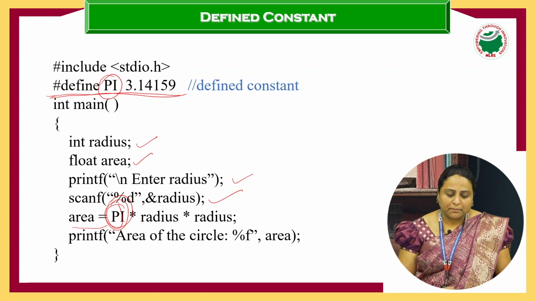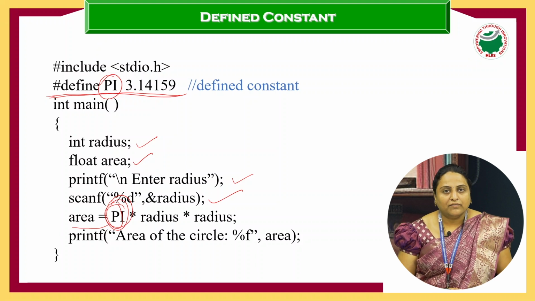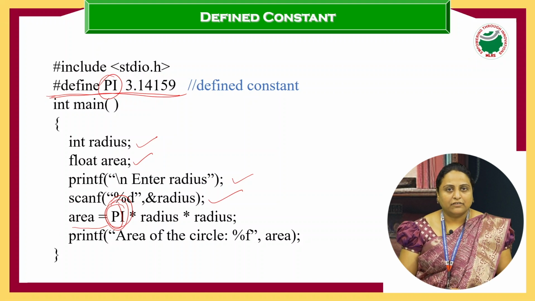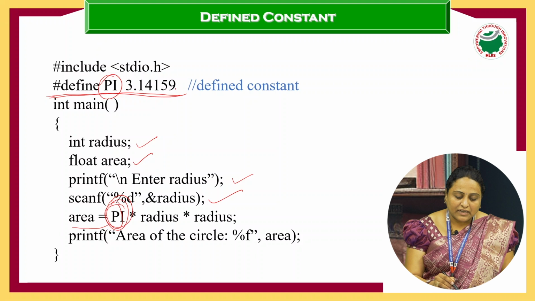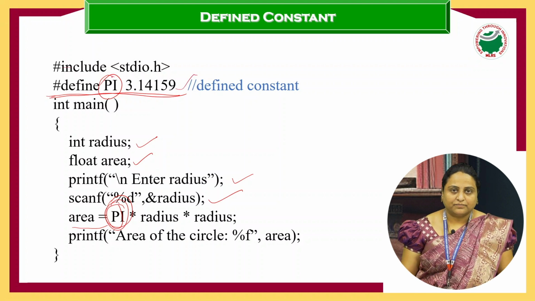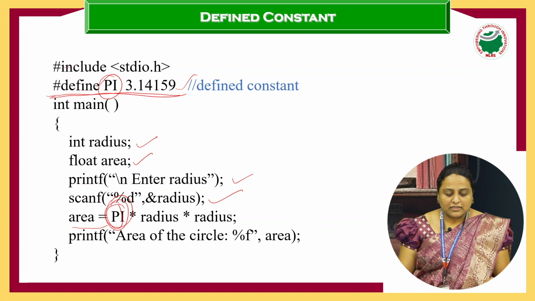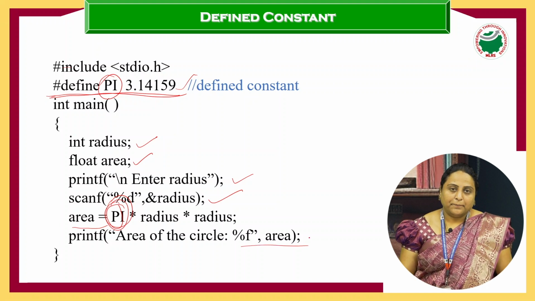So wherever you are using pi in any number of lines of program, however lengthy, the value should be 3.14159 only. It cannot be changed because you have declared that this is a constant by using the keyword hash define. So we call this type of constant a defined constant, and then area will be printed.